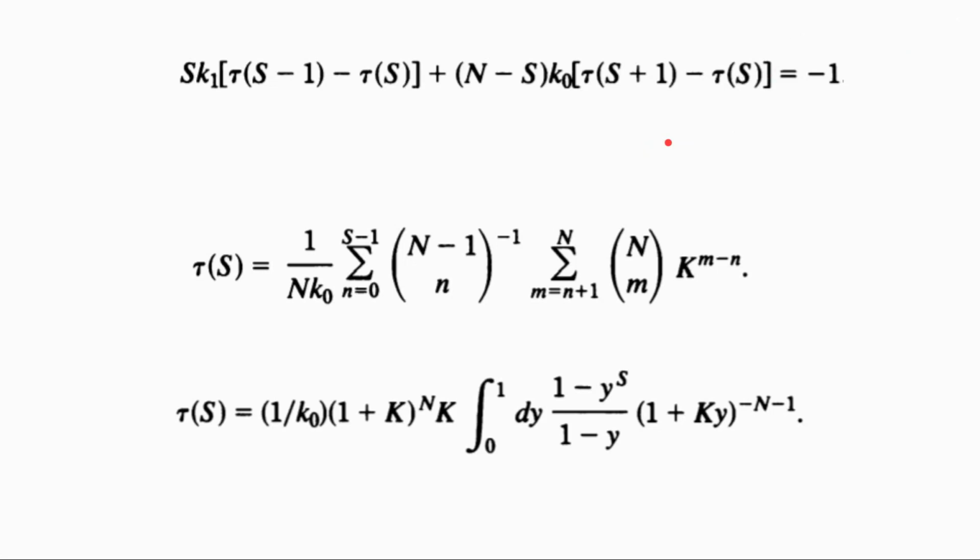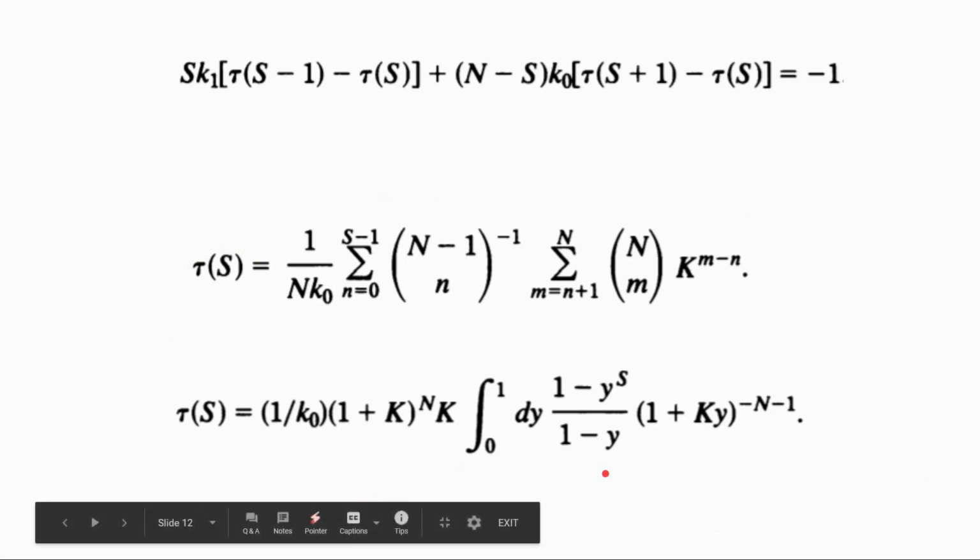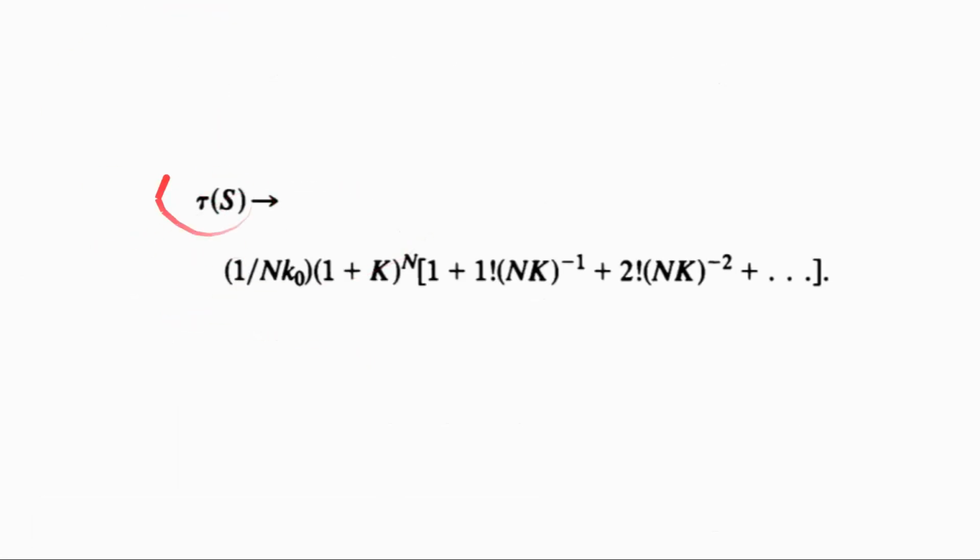And the other one is that you never require tau of n plus 1, because you are only considering s equal to 1 to n. So using that and some appropriate substitutions, you get this expression for tau of s. And this can be further simplified with substitutions. And finally, on solving this integral, you get the expression for mean first passage time as this.